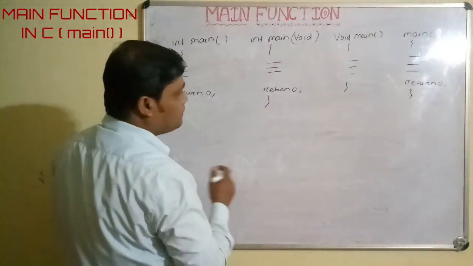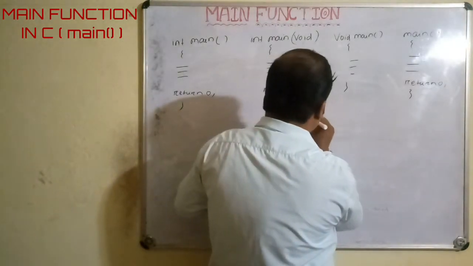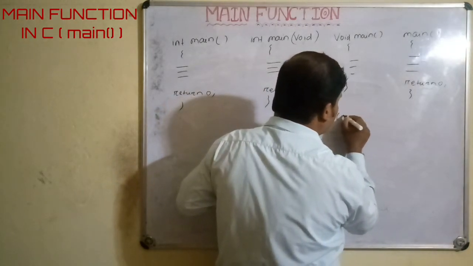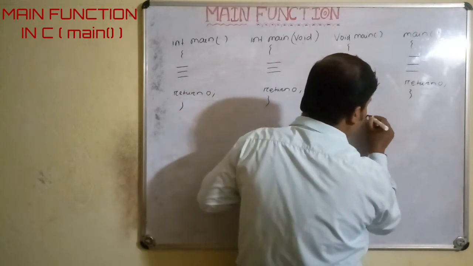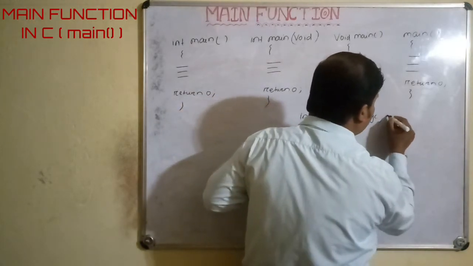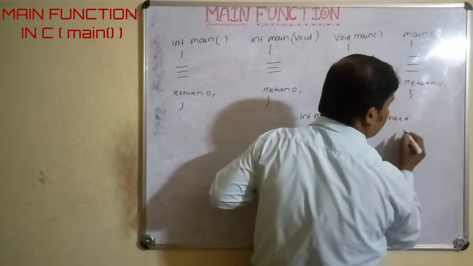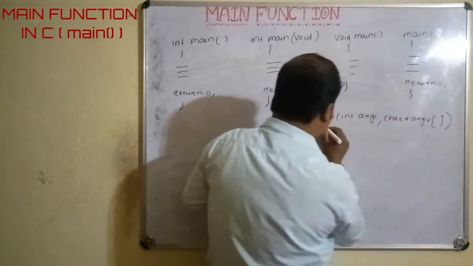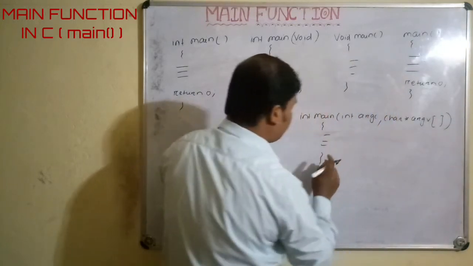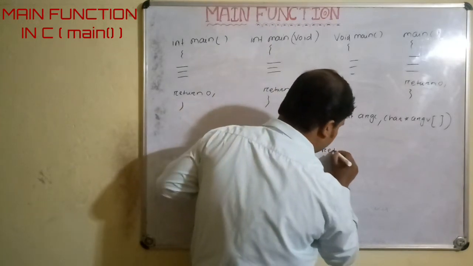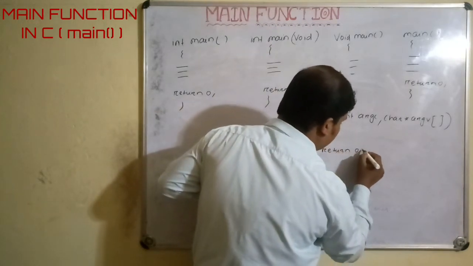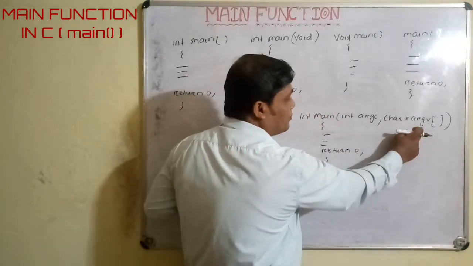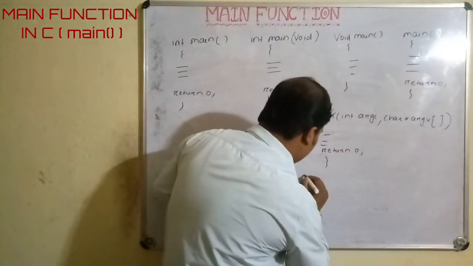Another you may write is, suppose, int main, then int argc, then char star argv, and return 0. These are two parameters. I will explain. Just see.